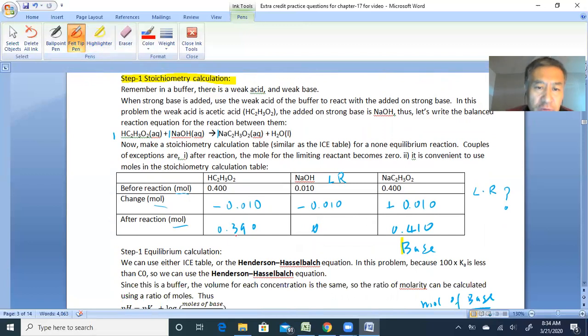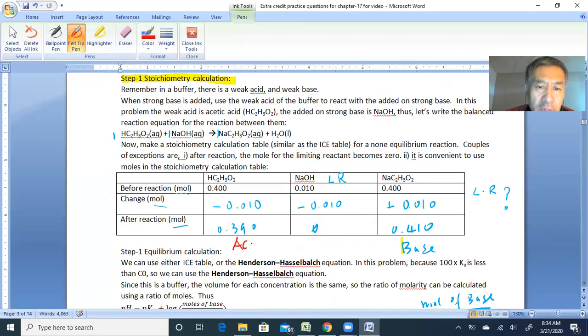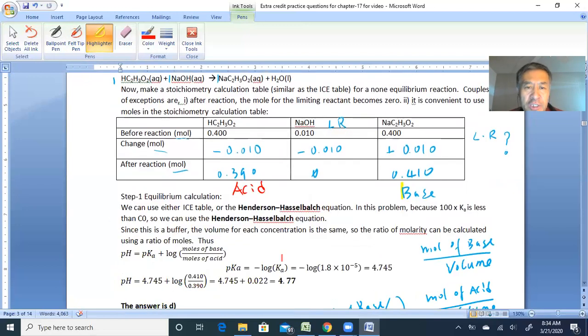Once we know the new acid and base moles or molarities, we can use either the Henderson-Hasselbalch equation or the IC table. Here we first use the Henderson-Hasselbalch equation, and using it is very similar to using the IC table with the small x approximation.